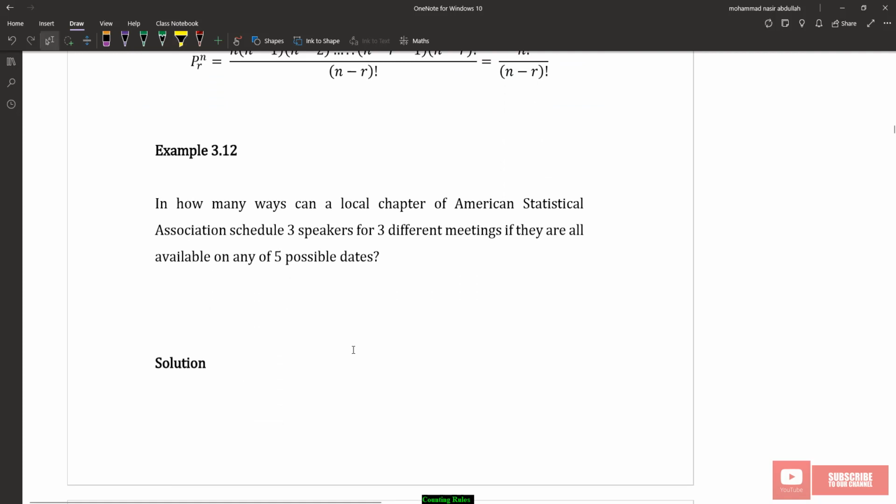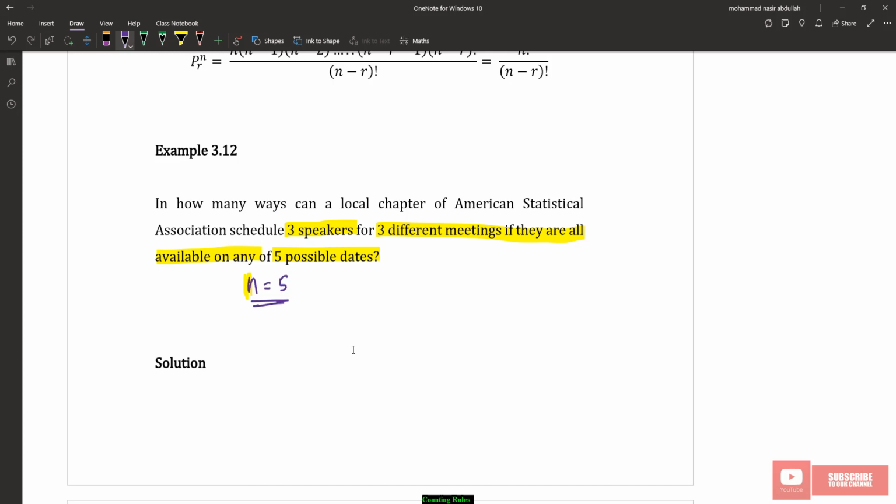Right, so in example number 3.12, in how many ways can a local chapter of the American Statistical Association schedule 3 speakers for 3 different meetings if they are all available on any 5 possible dates? So the dates are in order, right? So this is day 1, day 2, day 3, day 4, day 5, right? It should be in order. So we have n equal to 5.